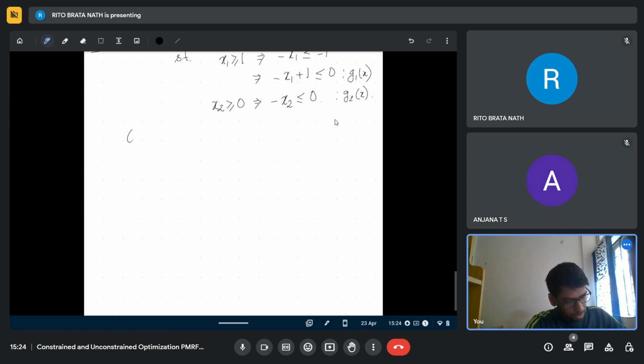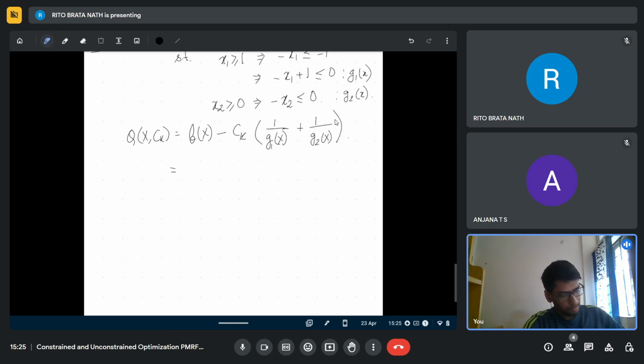And now your q values, you can write it as minus ck, and this can be g1(x), and this can be plus g2(x).